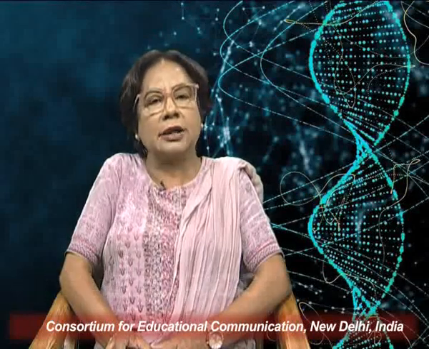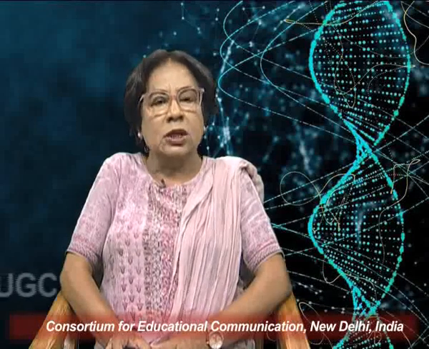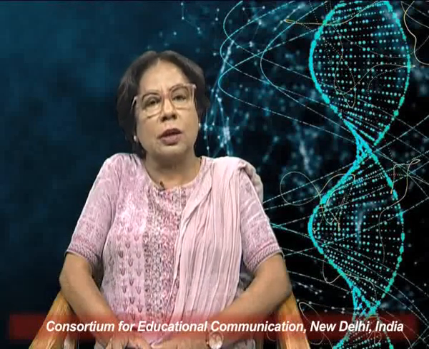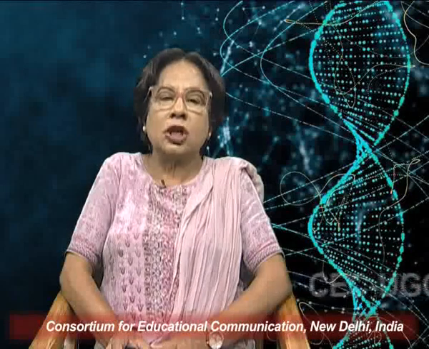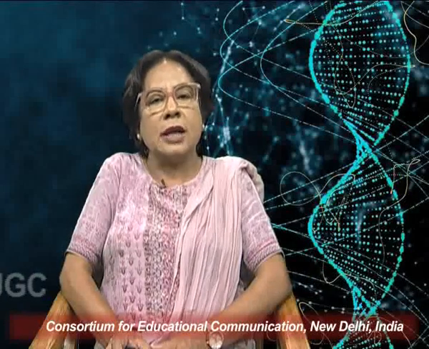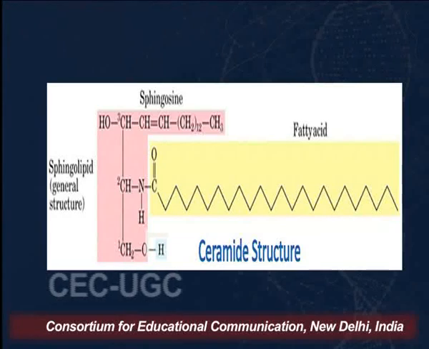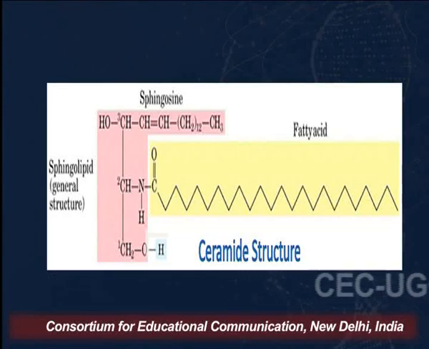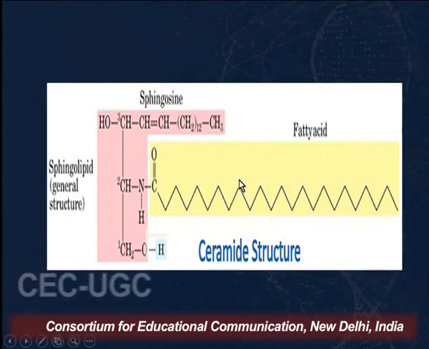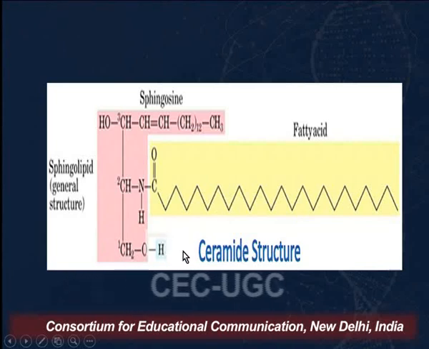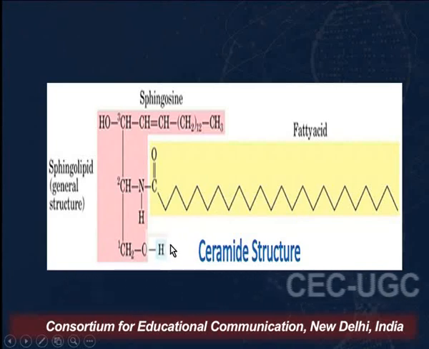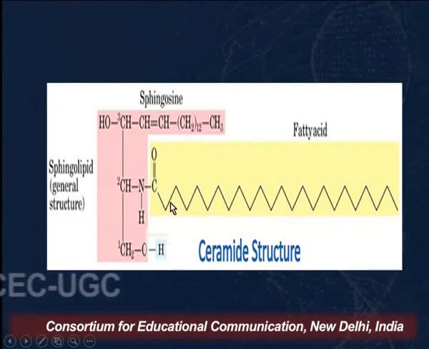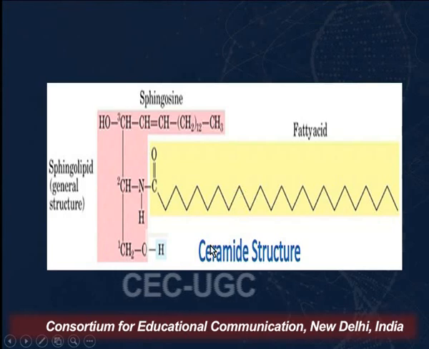R attached to ceramide. So, as I discussed with you in my previous lecture, the structure of ceramide, and you know that ceramide is sphingosine which is attached to a fatty acid at the second carbon, which you can see on your screens also. Now when we replace this H, I will refer to this H as R1. With the R1 group, we get different derivatives of ceramide.